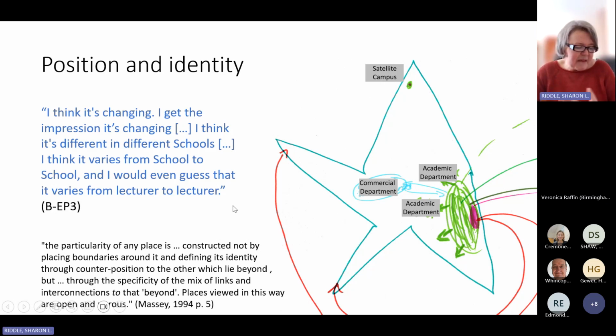Massey was very keen to emphasize that a place isn't constructed by placing boundaries around it, but by creating links with other people and having openness and porous boundaries. So this would encourage collaboration, more links within the university, and working together.